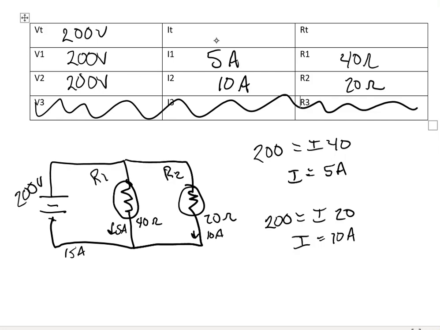It means take our currents and add them. Now that I have 2 of these, again, I can go back and solve for the third. 200 equals 15 times RT. The total resistance in this case then is 13.3 ohms.